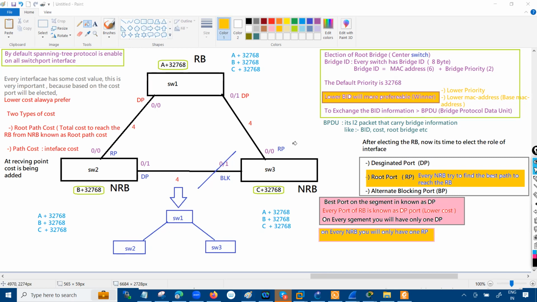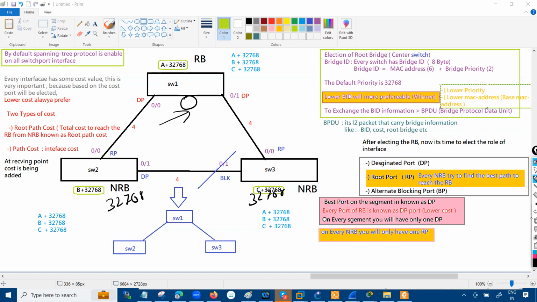What are the most important factors to determine the root bridge? Number one is the priority, and the second one is the lower base MAC address. The priority gets tied because all of them have 32768. If I make the priority of this guy 0, and the others are 32768, then of course the priority comes into the picture, not the MAC address.